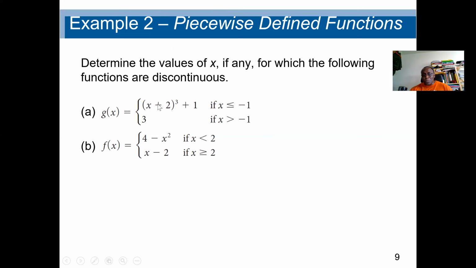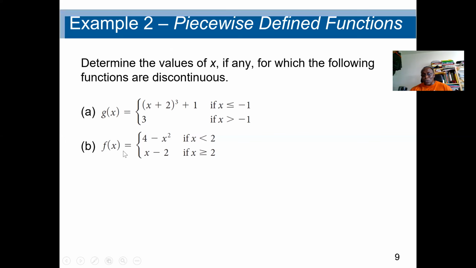So -1 plus 2 will give me 1, 1 cubed is 1, so 1 plus 1 will be 2. But the second is 3. So g at x does not exist. We have a discontinuity when x is -1.